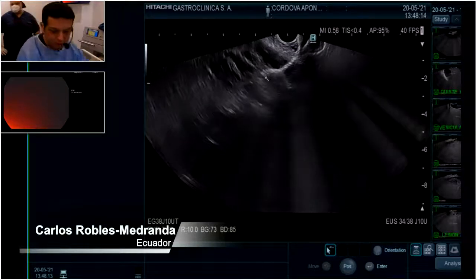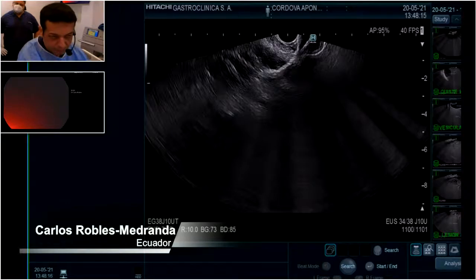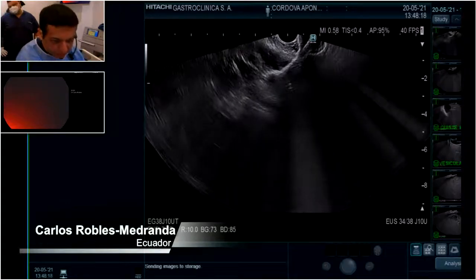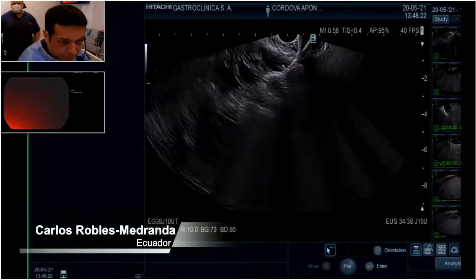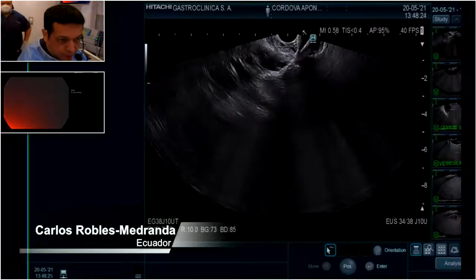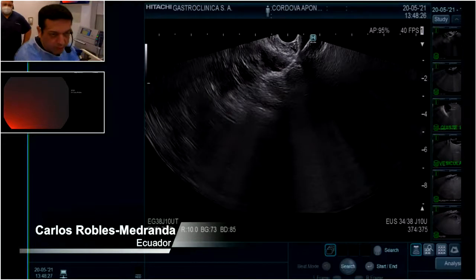So now the axios is delivered. You can see this part is inside the cystic lesion, the pseudocyst, and this part is in the stomach.